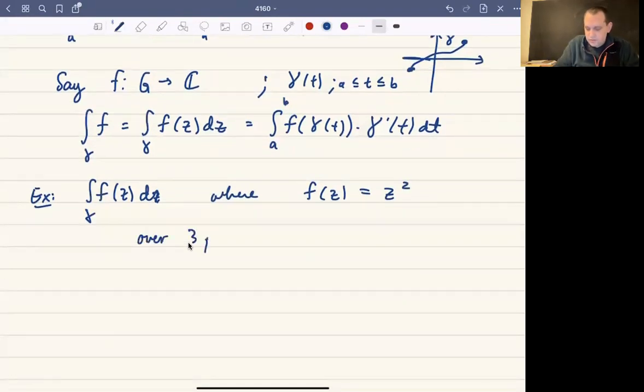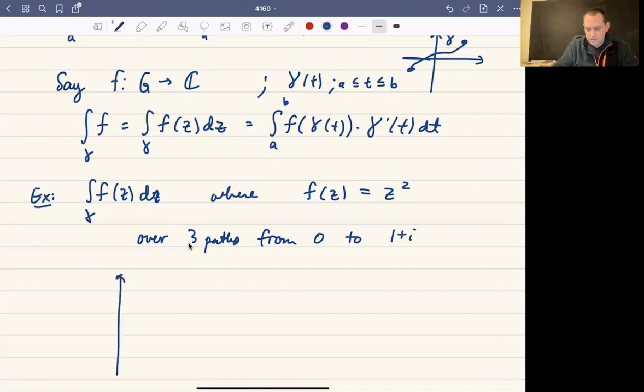Okay, so over 3 paths from, say, the origin to the complex number 1 plus i. And I want to do it over 3 paths.